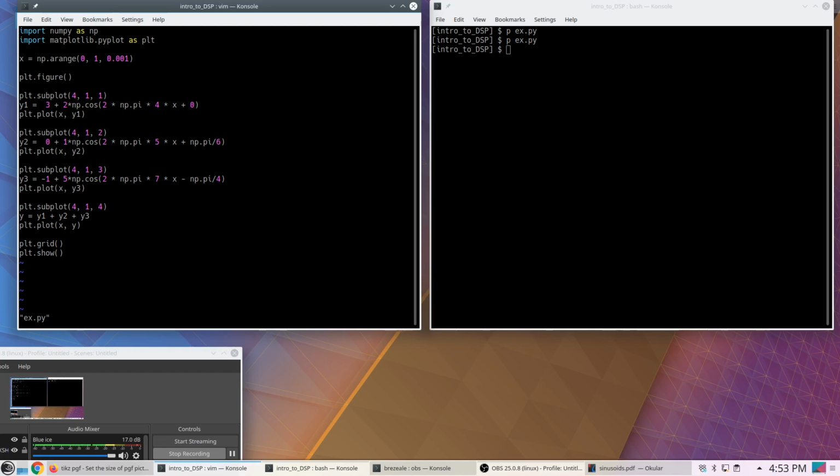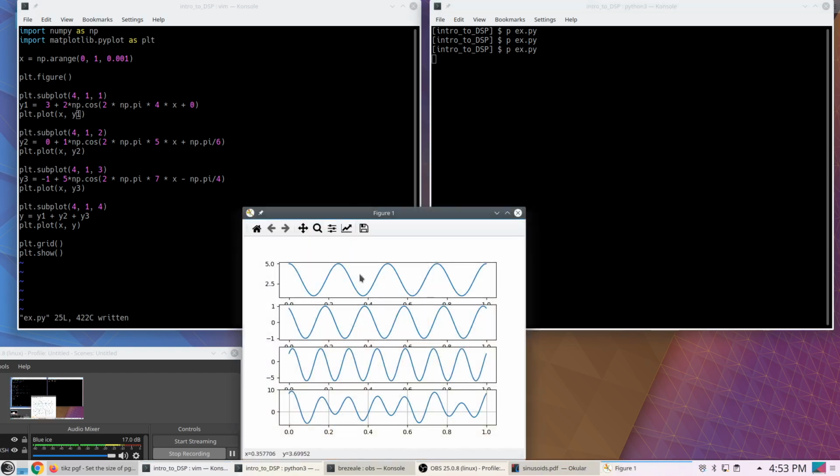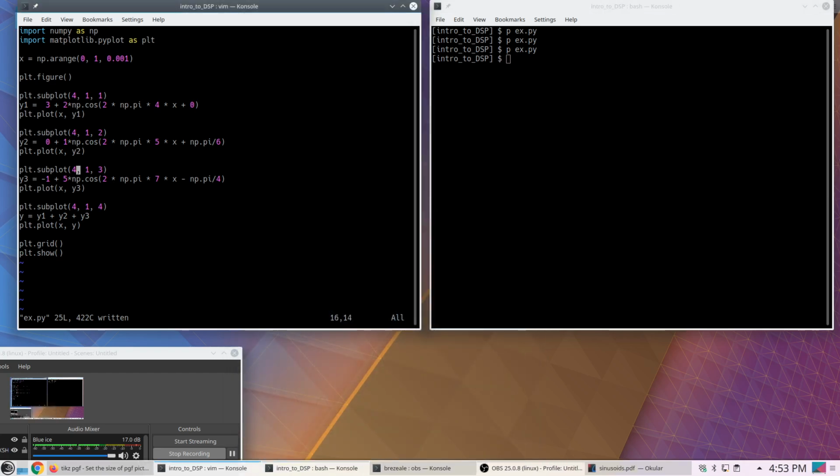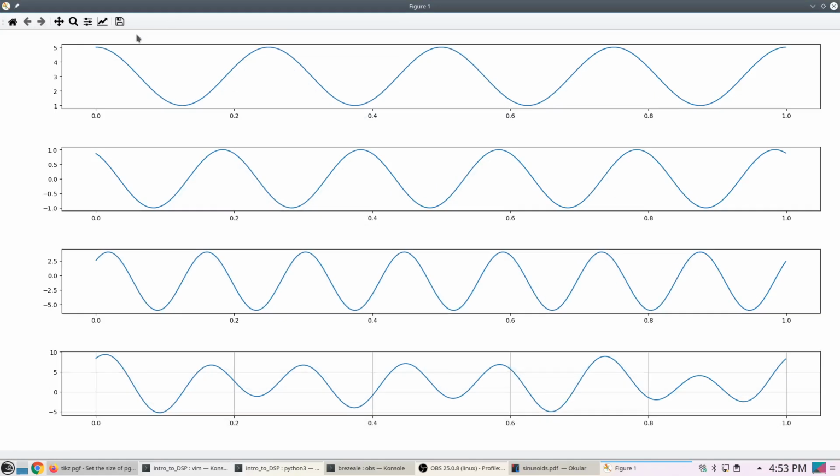I think I had that right. Let's hope so. So there's my 4 hertz, 5 hertz, 7 hertz sine waves. And we finally get this. We can clean that up a little bit. And see that separated so I can still see the x values.